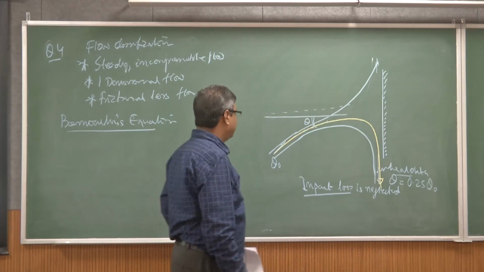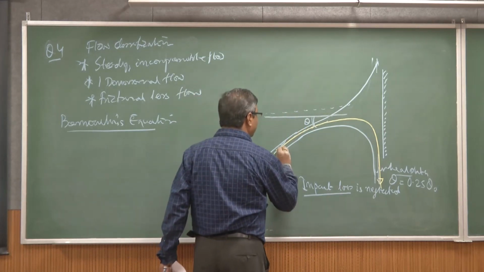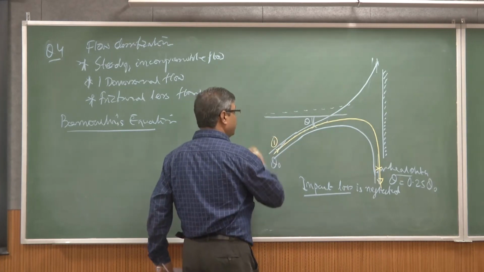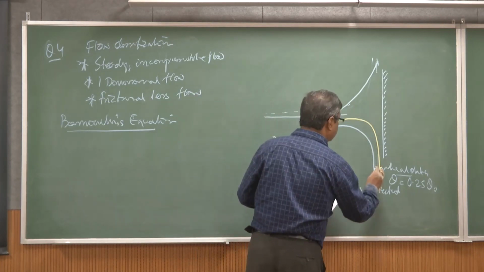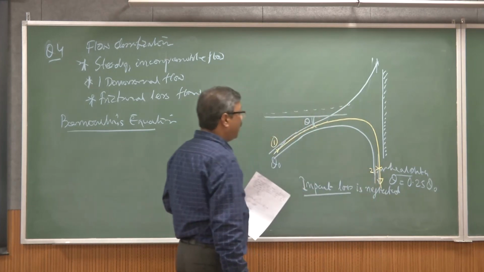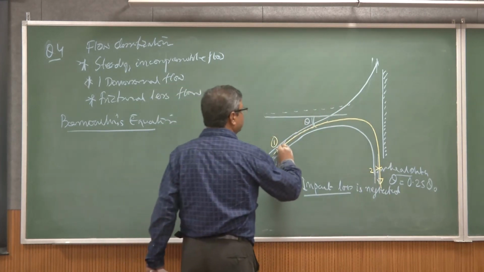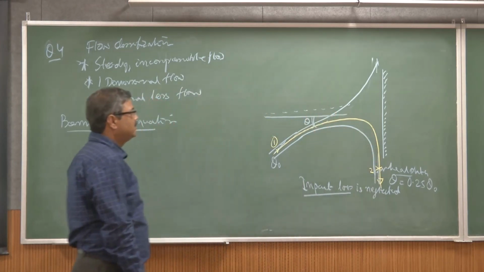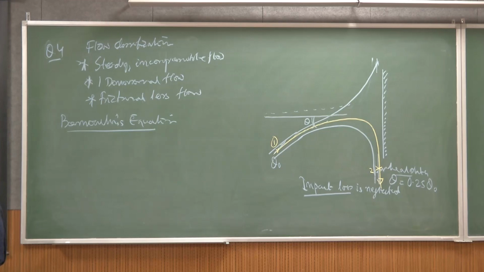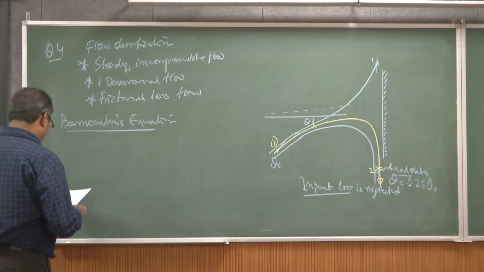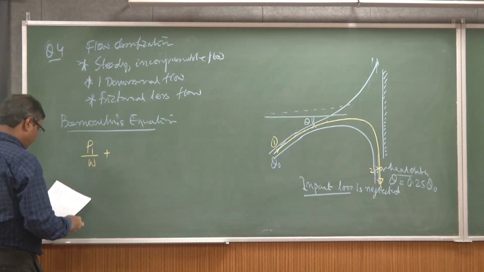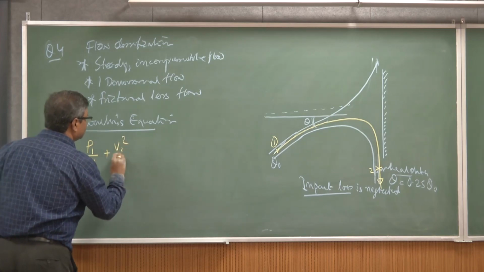That means this is my streamline. I am applying the Bernoulli's equation from point 1 to point 2, as there is no frictional loss. So if I apply the Bernoulli's equation between 1 and 2, I can write the standard Bernoulli's equation here.